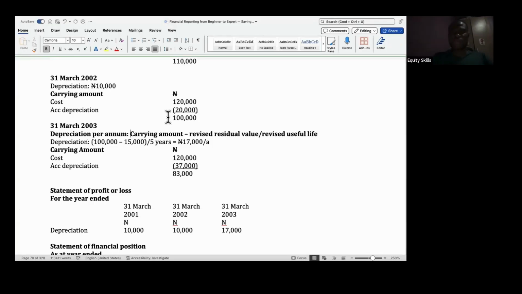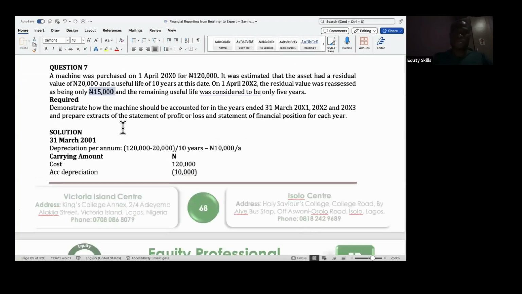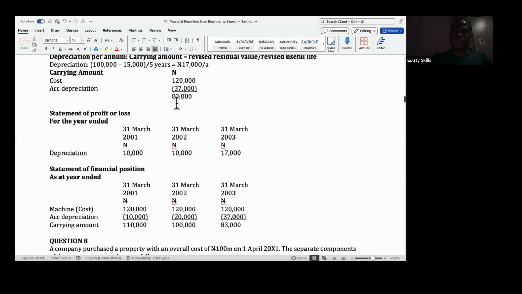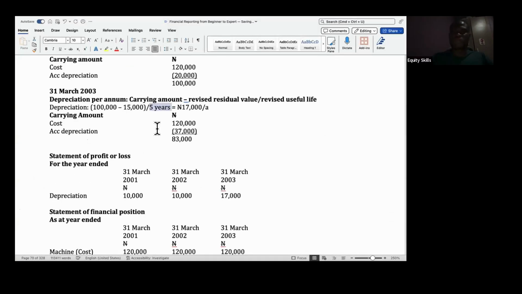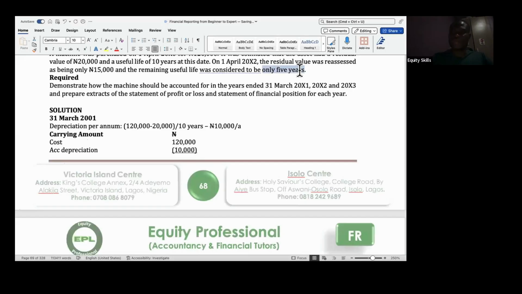So the carrying amount is 100,000. The revised residual value is 15,000 from the question. And the revised useful life is now 5 years from the question. It's only 5 years.